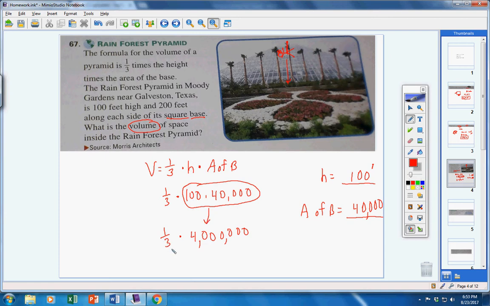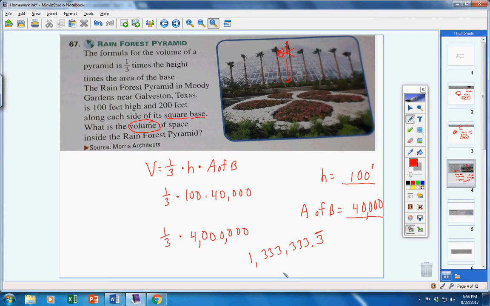And now take 1/3 times 4,000,000. So with your calculator, and hopefully you guys know how to use the fraction button on your calculator, it's 1/3 and then times 4,000,000. And if you type that in correctly, you will get 1,333,333.3 repeating.